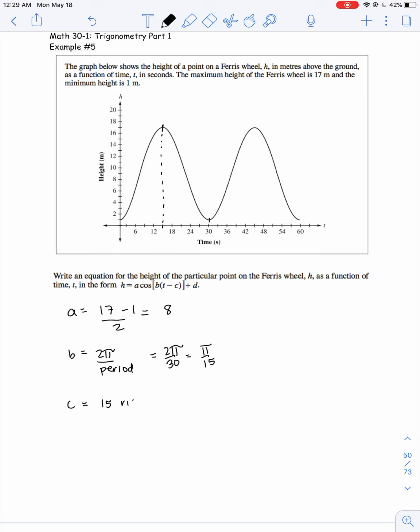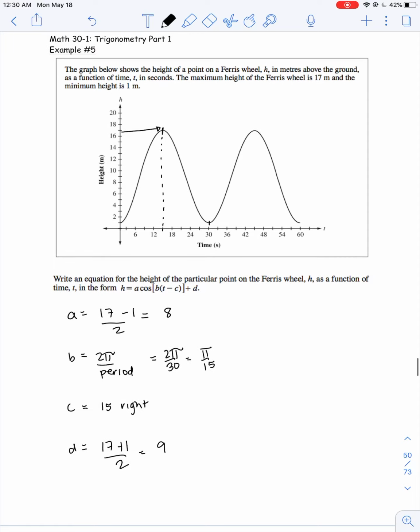So I would say that it's gone 15 units to the right in this case. So it used to be at the y-axis, and it's moved 15 seconds to the right. And finally, the D value is found by doing your max plus min divided by 2. So that would be 17 plus 1 divided by 2, which is equal to 9.